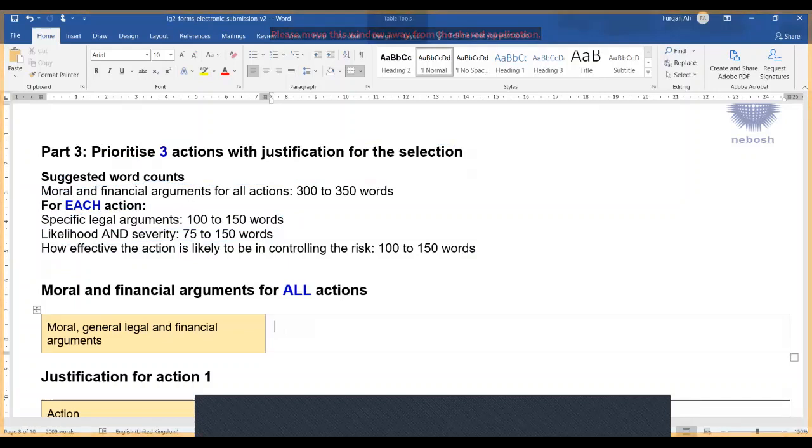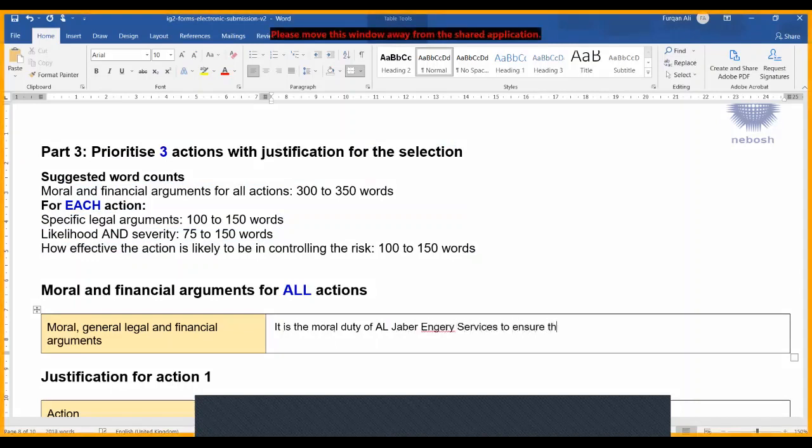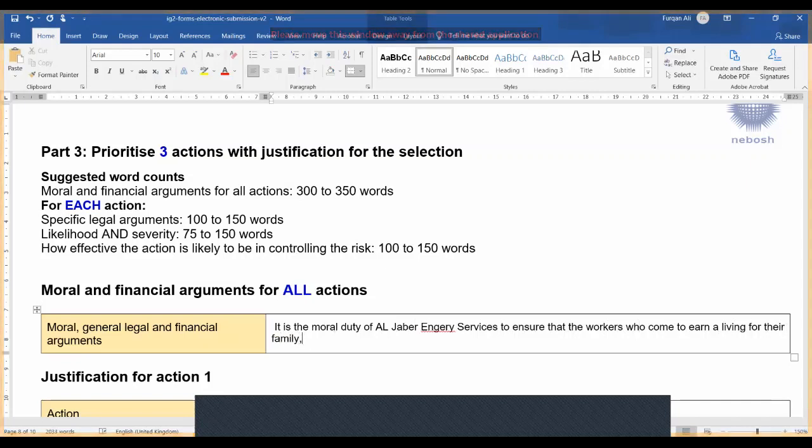Now, it is the moral duty of Al Jaber Energy Services to ensure that the workers who come to earn a living for their family must return home safely.